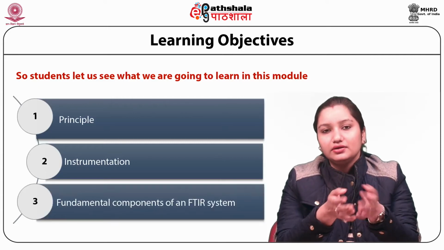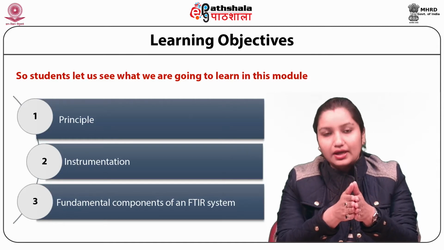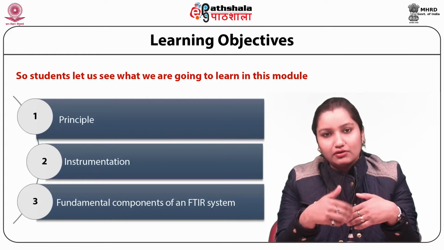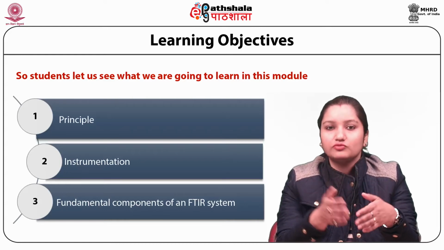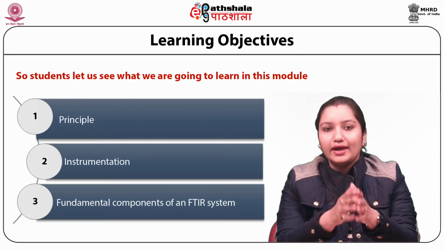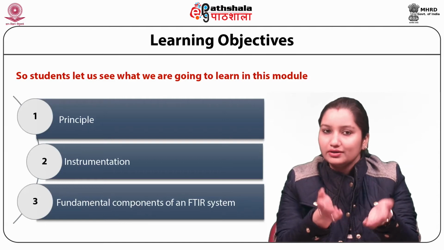Then thirdly, we'll study the fundamental components of an FTIR system, and in the end, we'll take the various examples of the various molecules, that is which are polyatomic, for example CO2 and water, and see how the FTIR of these molecules appear on a graph.